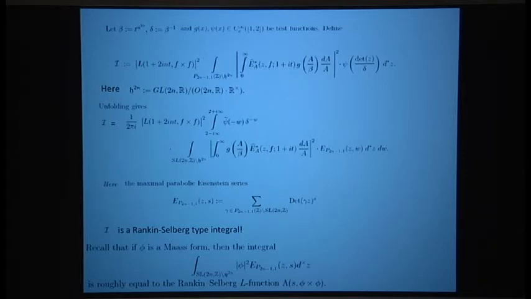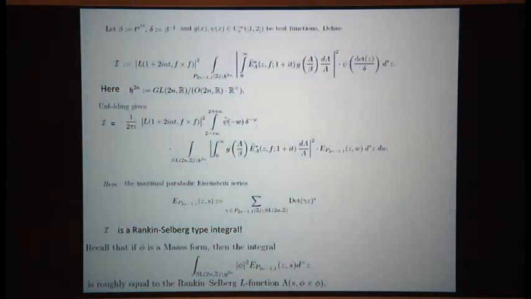It's just an average over that quotient space. And so if phi is a Maass form, then the absolute value of phi squared times the maximal parabolic Einstein series integrated over this fundamental domain of SL_{2n} is roughly just the Rankin-Selberg L-function of phi times phi. So that's one reason we integrate over such a domain, because after unfolding, it's just a standard Rankin-Selberg structure. So that's the analog of Sarnak's case.